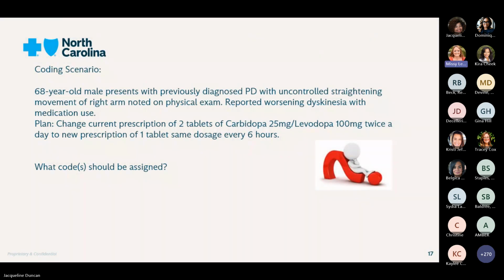Let's do a coding scenario. A 68-year-old male presents with previously diagnosed PD with uncontrolled straightening movement of the right arm noted on physical exam. Reported worsening dyskinesia with medication use. And the plan is to change current prescription of 2 tablets of carbidopa 25 milligram, levodopa 100 milligram twice a day to a new prescription of 1 tablet, same dosage every 6 hours.